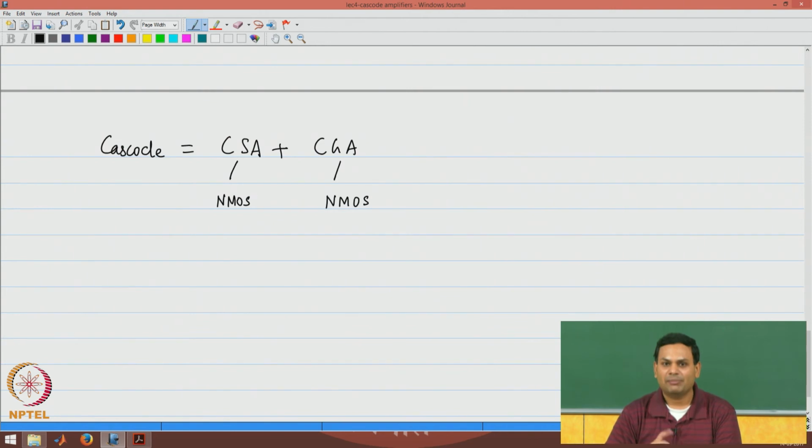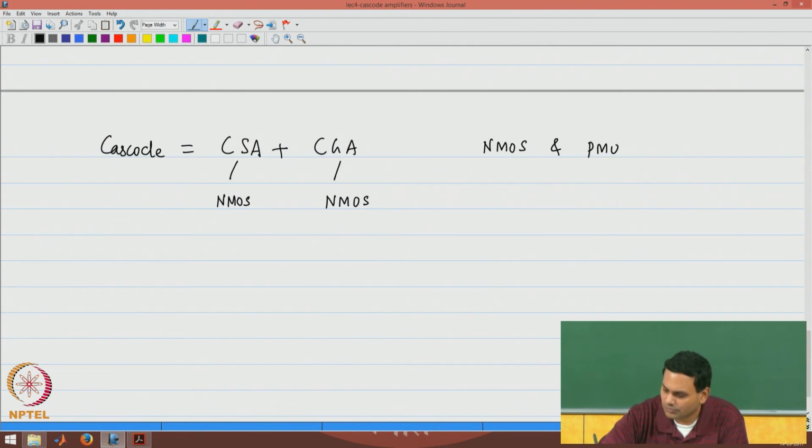But remember that both NMOS and PMOS transistors have the same small signal equivalent circuit.